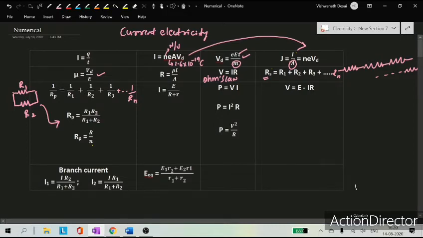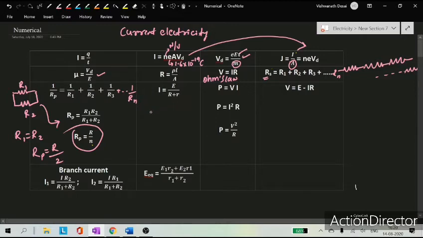If all the resistors connected in parallel are equal, suppose R1 is equal to R2, you can write the equivalent resistance Rp = R/2 here. But if n number of resistors are connected, then you can write R/n.